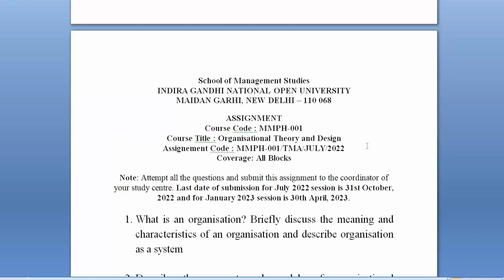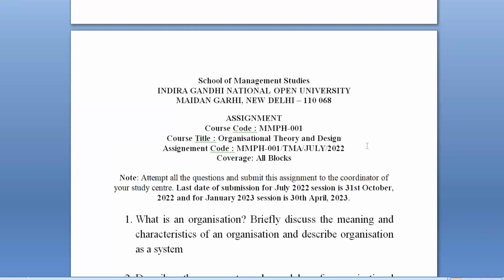It is essential that you must get minimum 40 to get through the particular course in these Indira Gandhi National Open University subjects that are being imparted in all the courses.